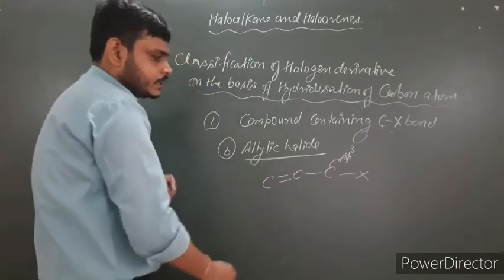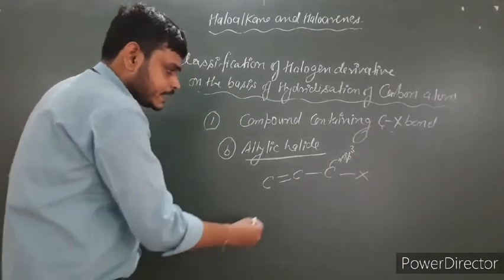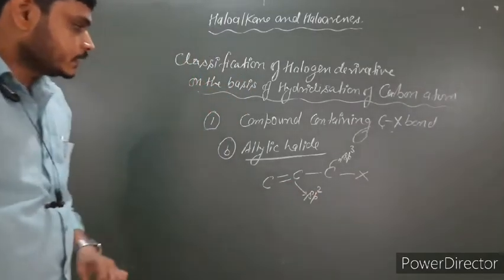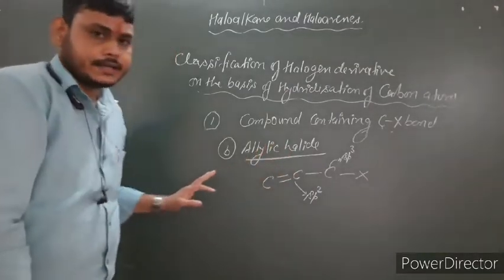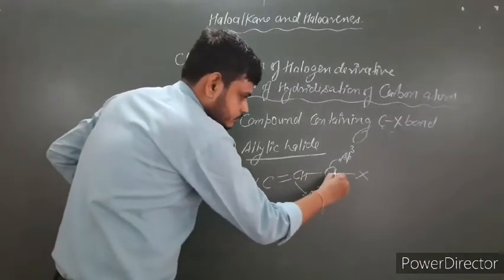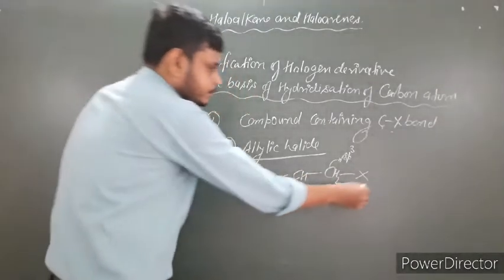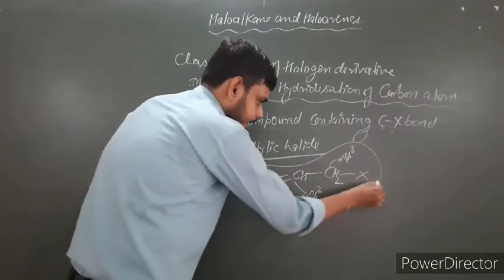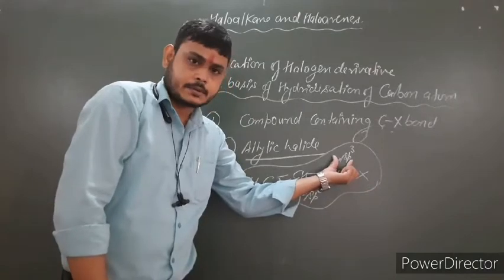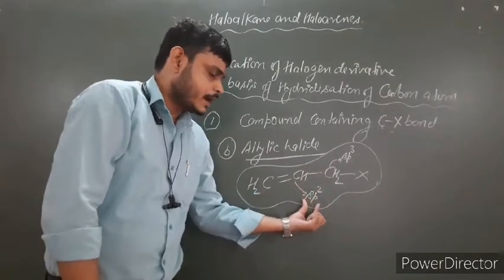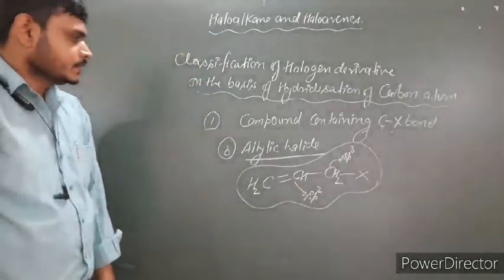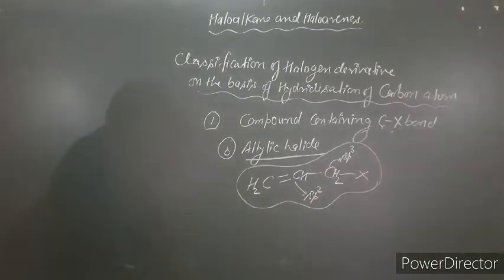That is the sp2 hybridized carbon atom. Clear? This is called allylic halide. This is an example of allylic halide. In allylic halide, the halogen atom is attached with the sp3 hybridized carbon atom next to the sp2 hybridized carbon, that is the carbon-carbon double bond.